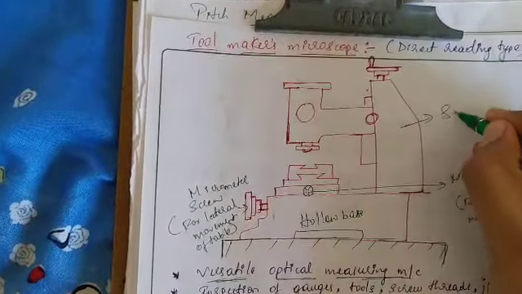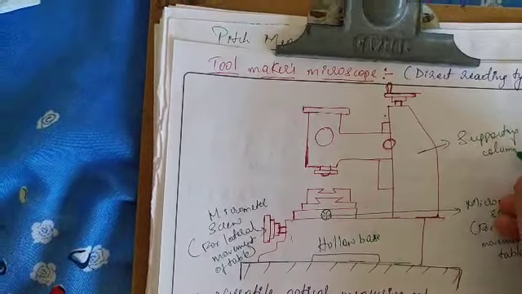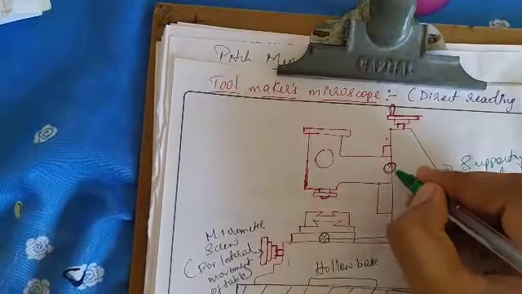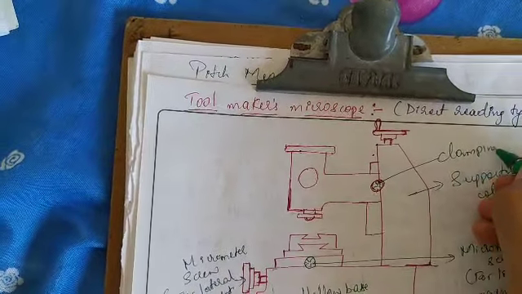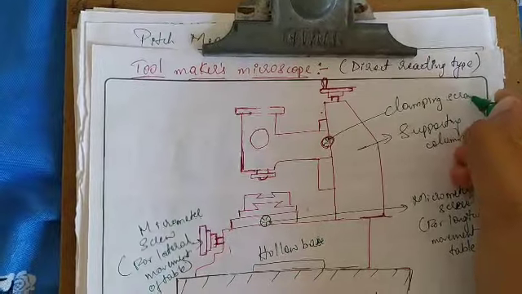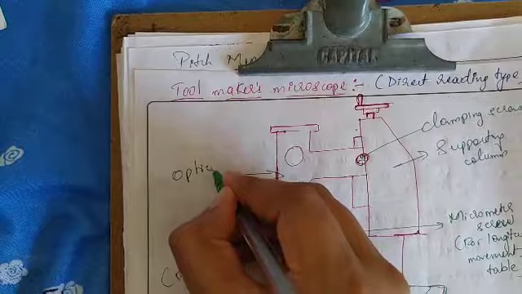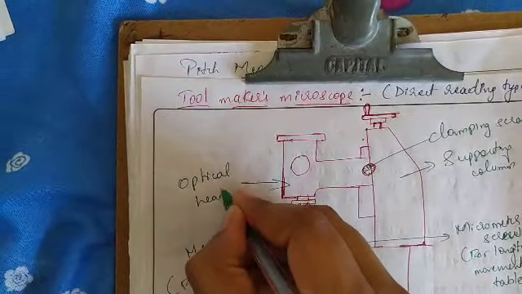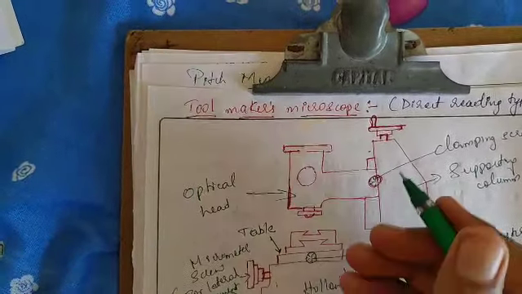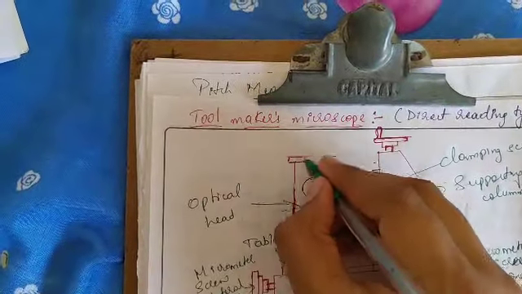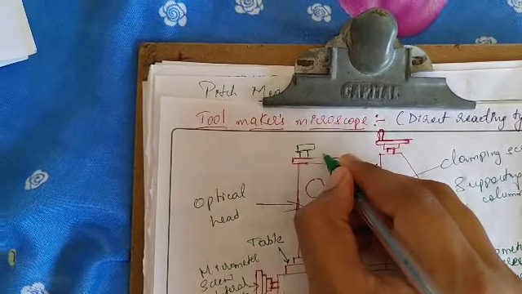This is the supporting column, and here this one is a clamping screw, and this is the optical head, and this is the table. Above here we are having two eyepieces.